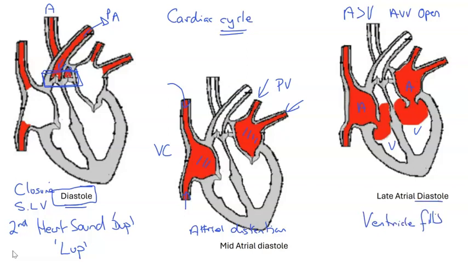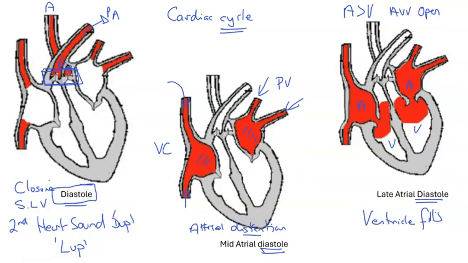Now notice that in the description so far, everything has happened during what is called diastole, which is when the heart is in a state of relaxation. And the events which are taking place are occurring in mere fractions of a second.